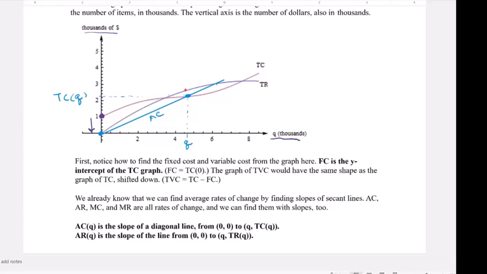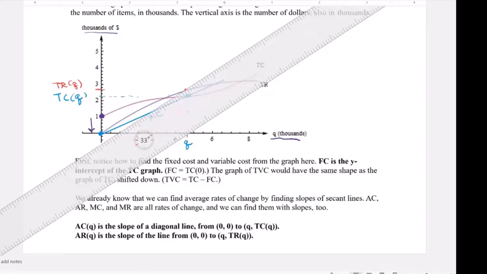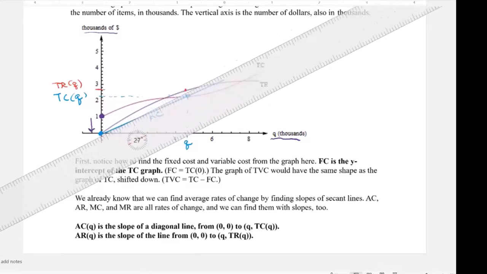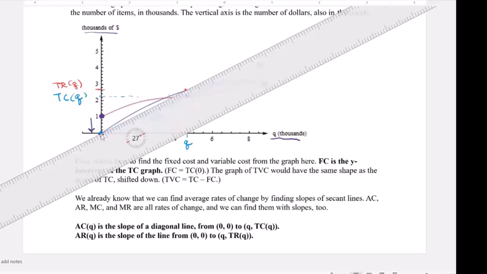And I would see here that if this was the total revenue of Q, then the slope of the line, use our ruler again, would be like that.